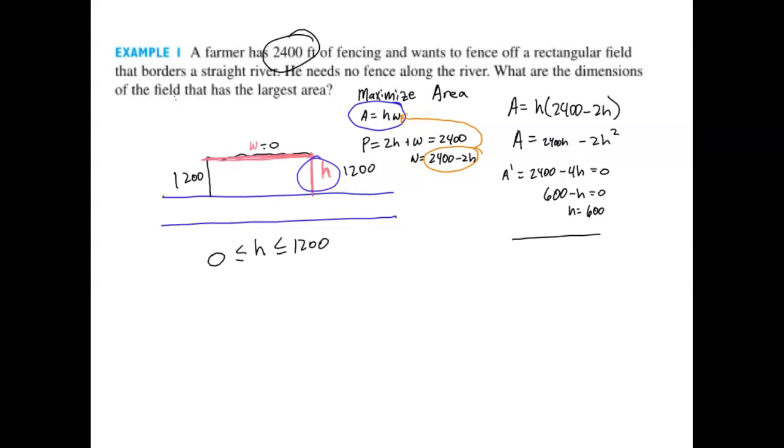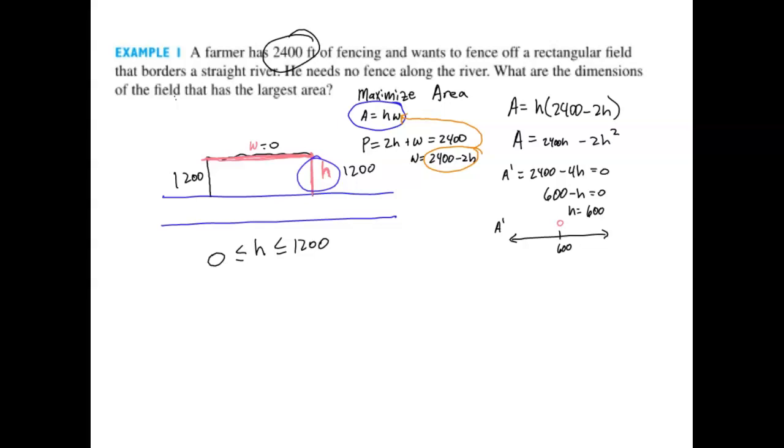Do the same thing we've been doing, which is put it on a number line. That's 600. We're talking about A prime. We know that A prime is 0 at 600, so it has to be either positive or negative everywhere else. And so we'll just check in other places.